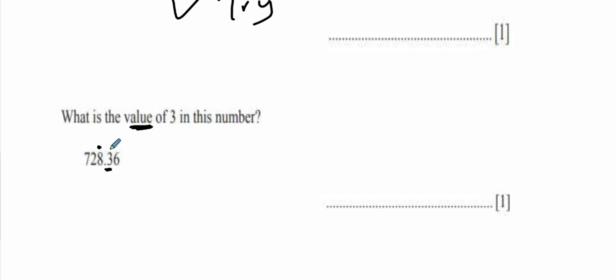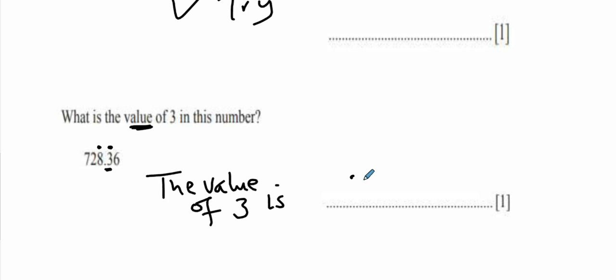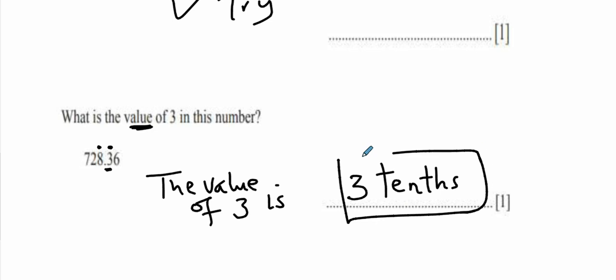Ones or units. Tenths. So the value of 3 is 3 tenths. See that? This is the answer. Don't write tenths.